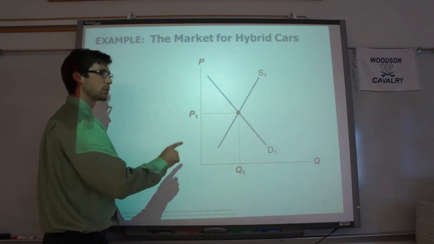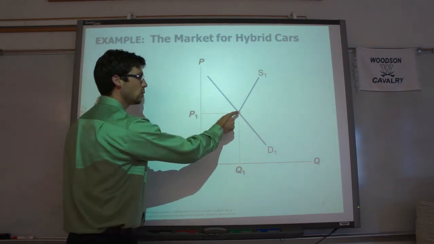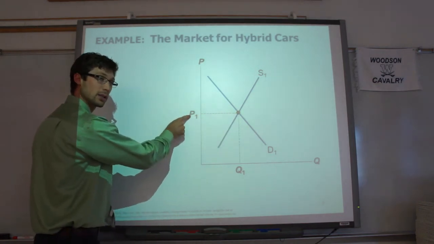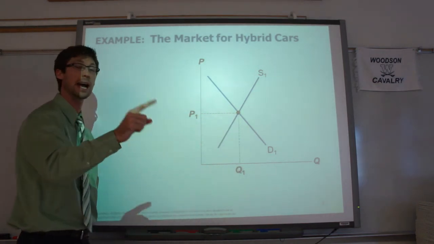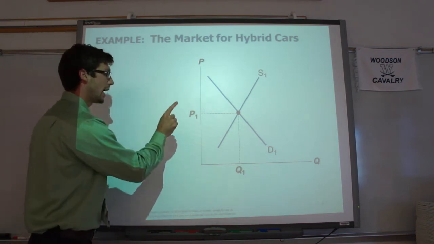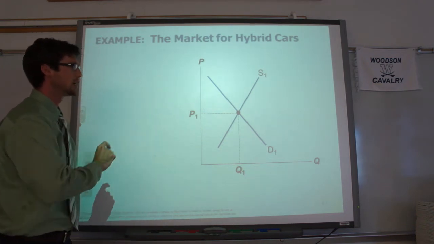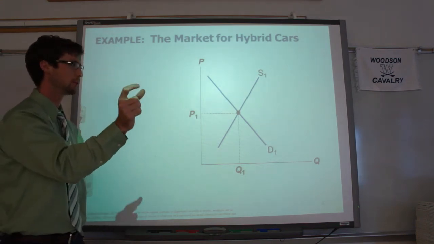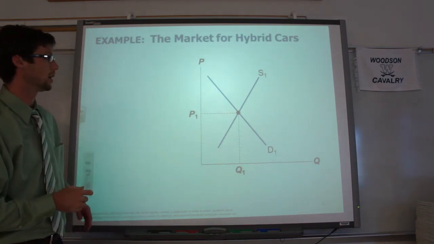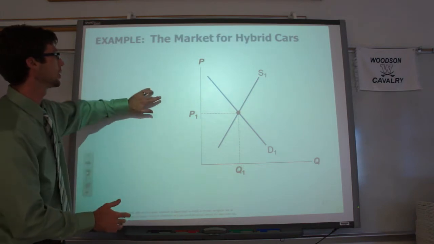Remember that phrase. We clear the market because everyone who wants to sell a car at this price gets to sell it. There's somebody out there, a willing buyer at that price, and there's a marriage between willing buyers and willing producers. No one is left unsatisfied. We have no surplus or no shortage.